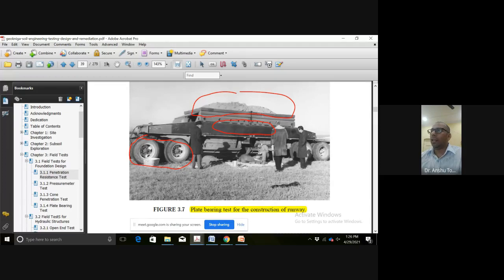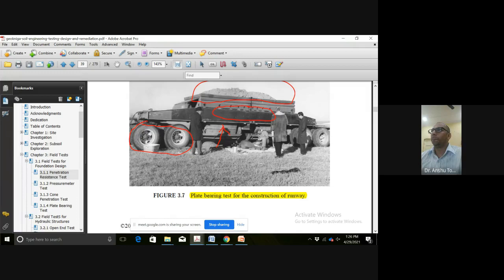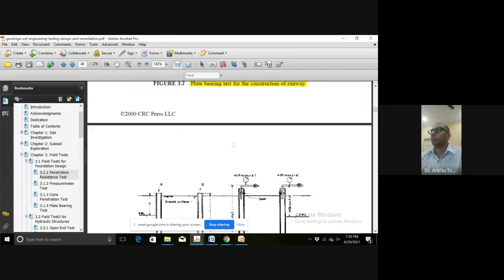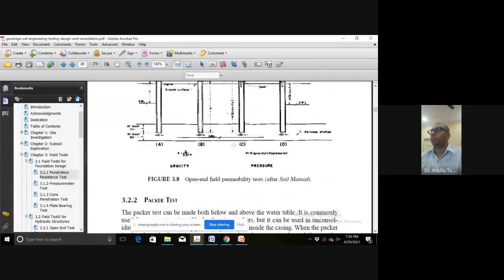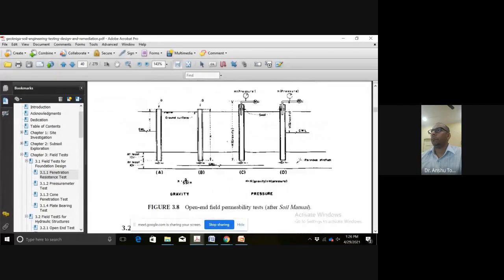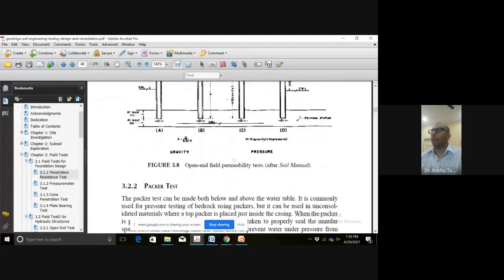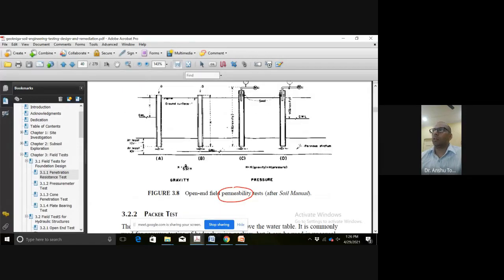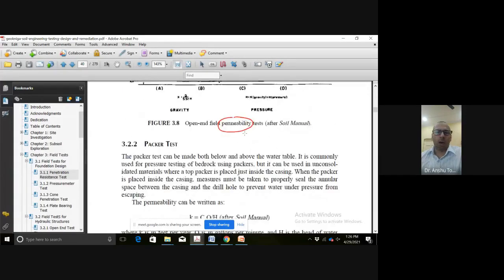All the test setup is there, which gives the reading in the form of the load through a pressure cell, and even the dial gauge. This is for the permeability. This test is sometimes also carried out for concrete technology laboratories.